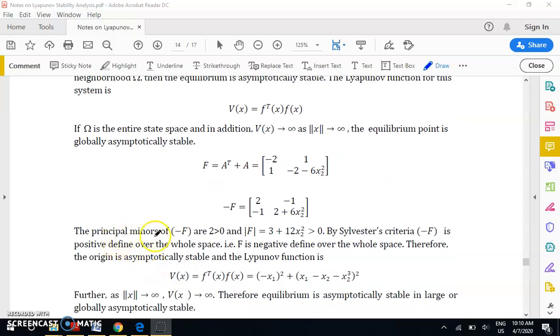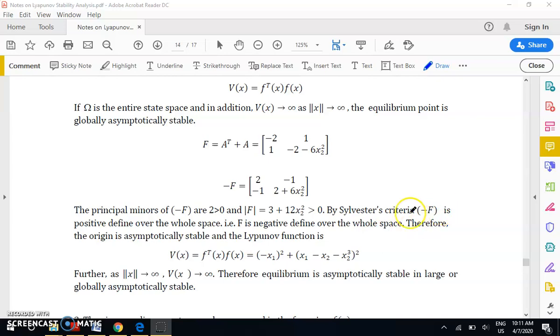The principal minors of minus F are 2, which is greater than 0, and the second principal minor is the determinant, which is 3 plus 12x2 square, which is also greater than 0. Thus, by Sylvester's criteria, minus F is positive definite in the whole space. That is, F is negative definite over the whole space.